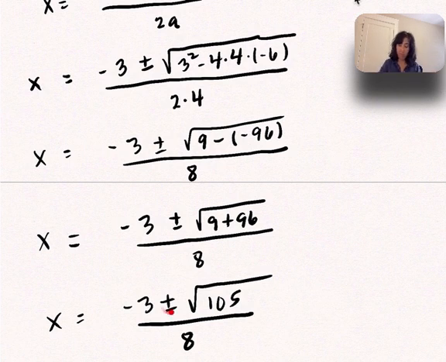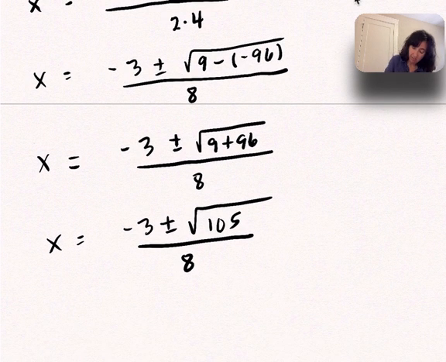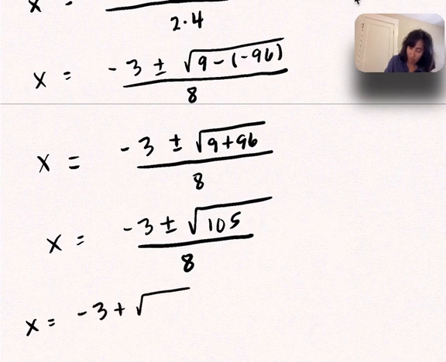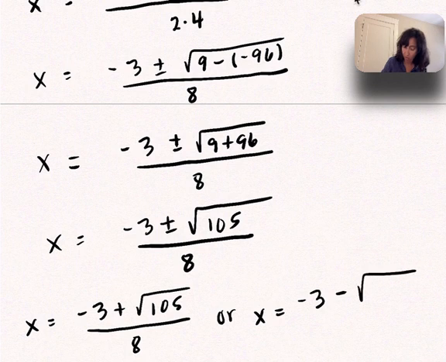The plus or minus means that we have two different answers. One of the answers is x equals negative 3 plus the square root of 105 over 8. And then the other answer is x equals negative 3 minus the square root of 105 over 8.